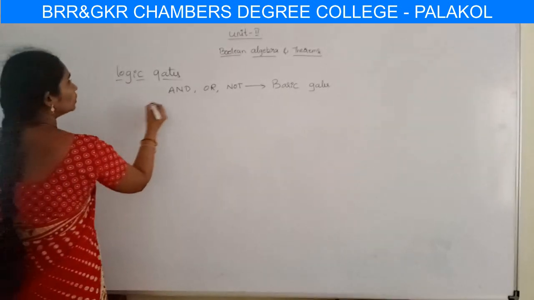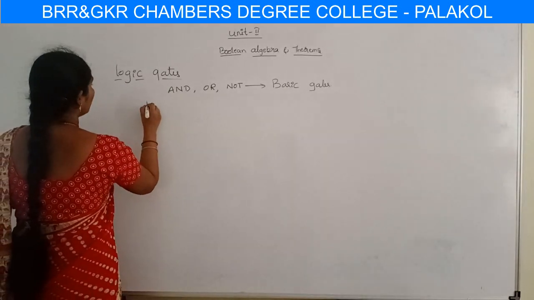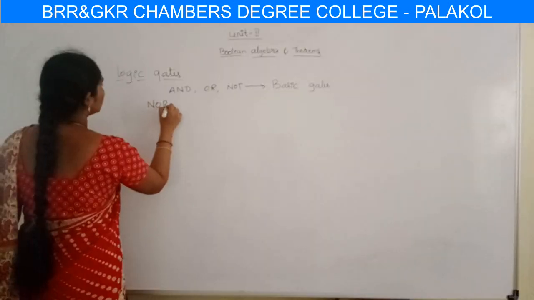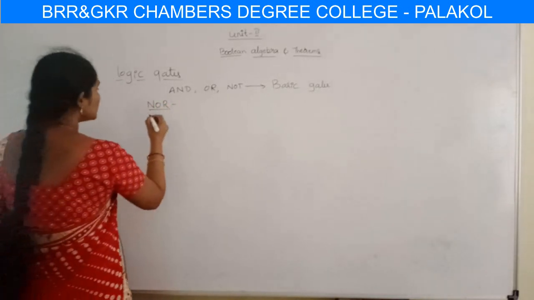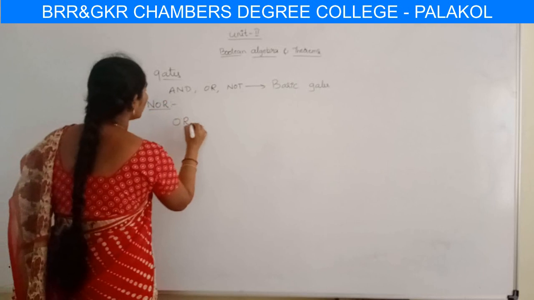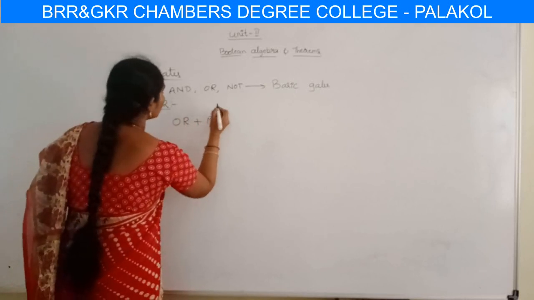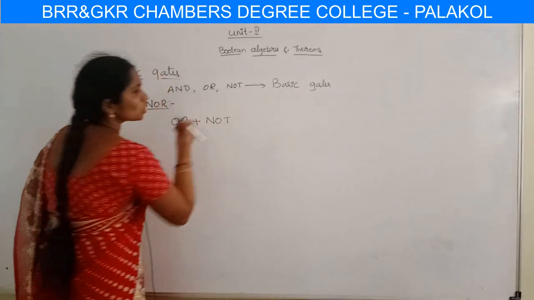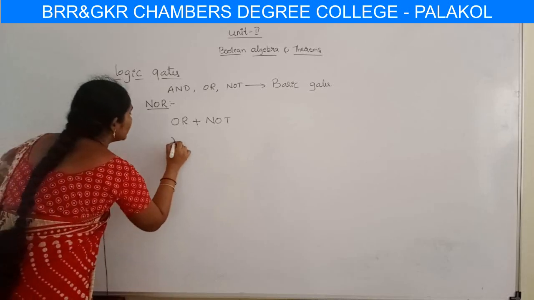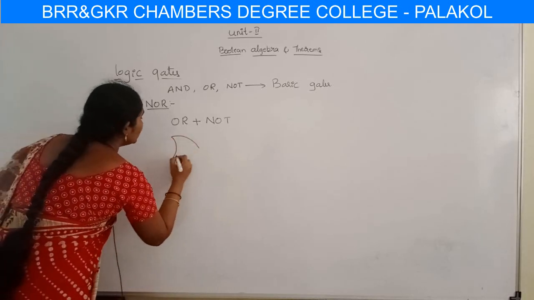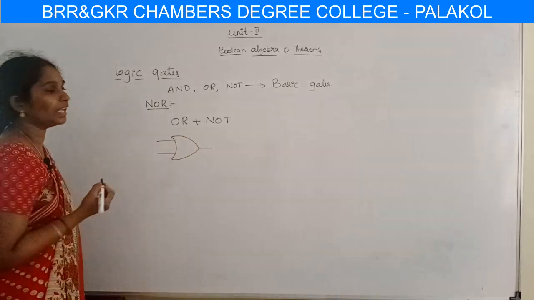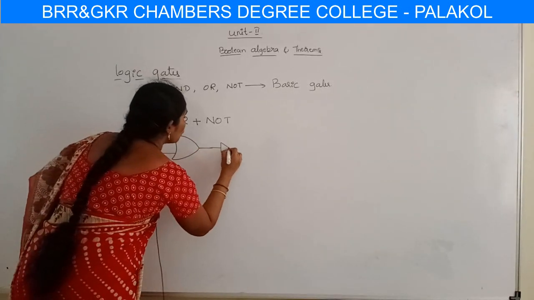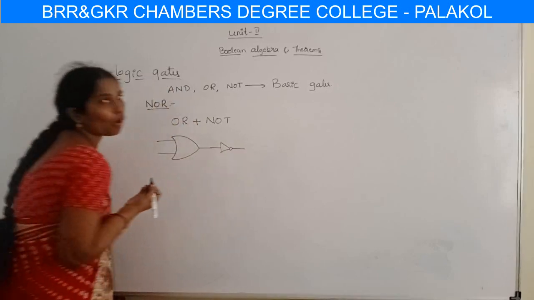The NOR gate is nothing but the combination of OR plus NOT gate. So here the OR gate is like this, and the NOT gate is this.